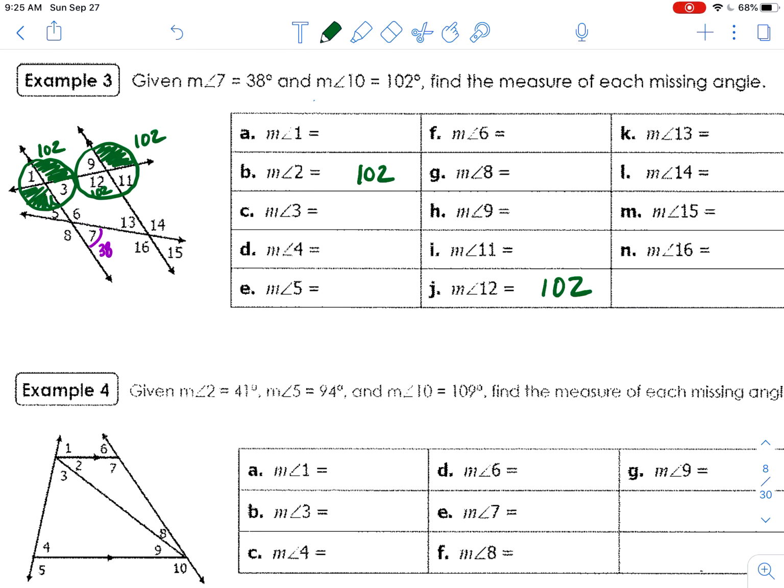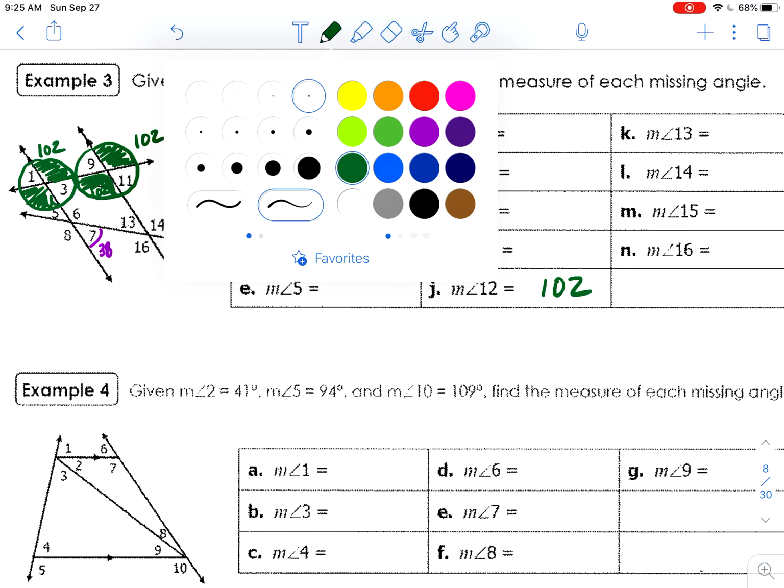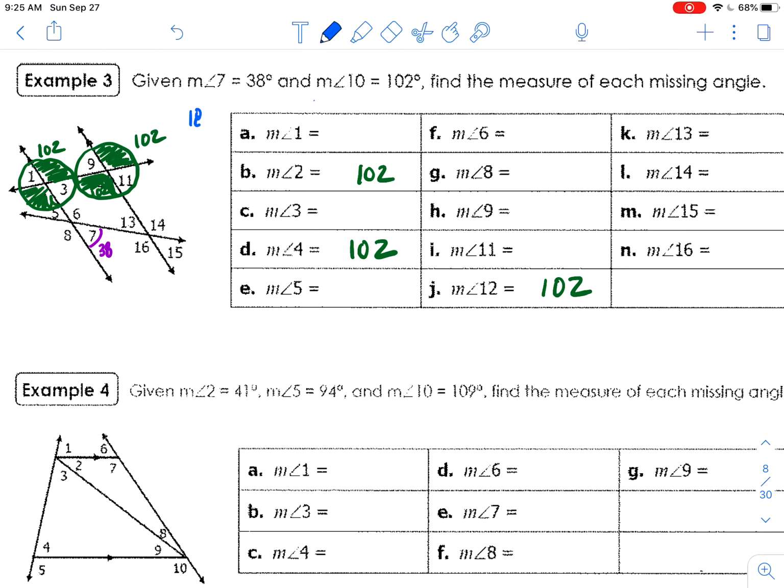Angle 4 is across from angle 2, and so that's also 102. So see how we got 4 angles just by knowing that first one. All right, so now let's figure out the supplementary angles. So let me see, how about 180 minus 102, and I think that should be 78 if I do my math right, yes. So angles 11, 9, 3, and 1.